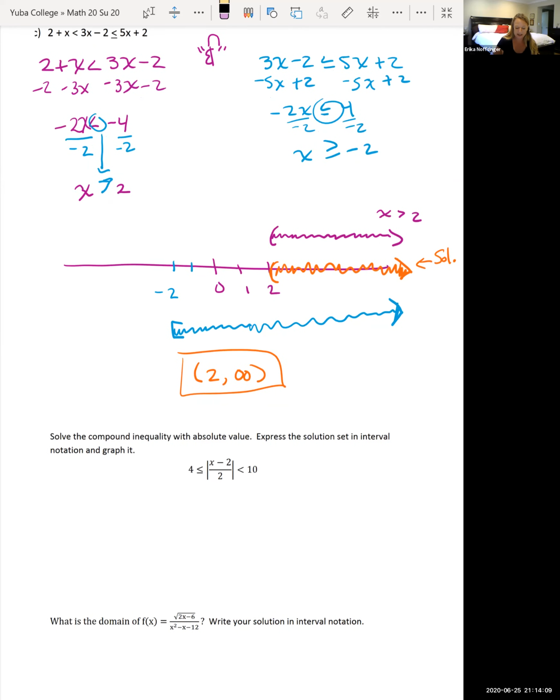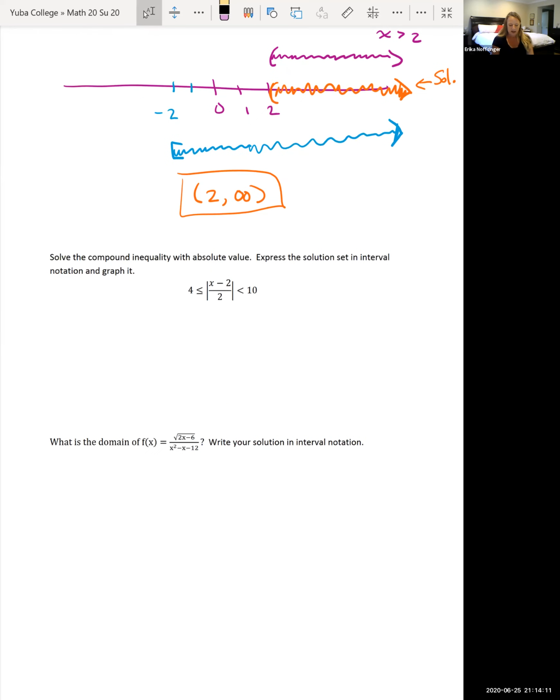So absolute value inequality, well, depending on which side the inequality is on depends on how you're going to drop the absolute value and how you're going to rewrite it. Since this is a compound absolute value, we can do something similar like we did up above. So we can break this up into 2 separate inequalities.